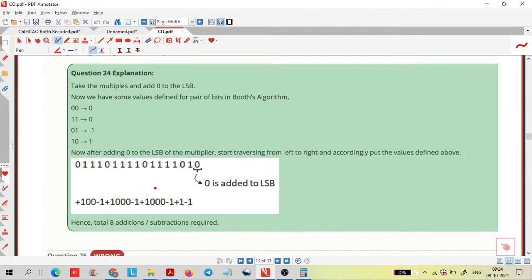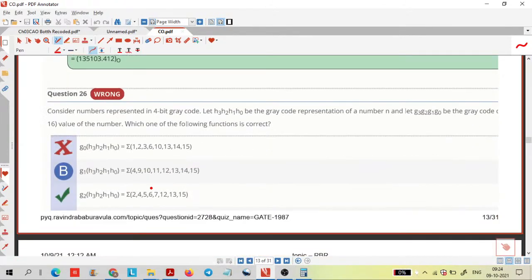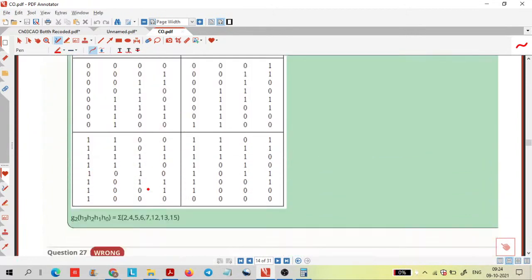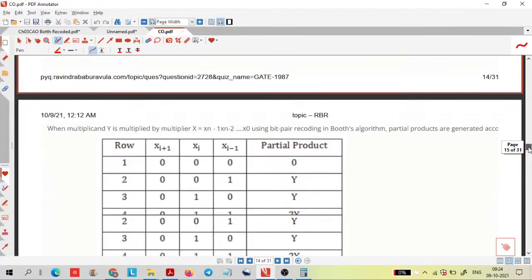Especially on data representation, you need to understand the concepts.